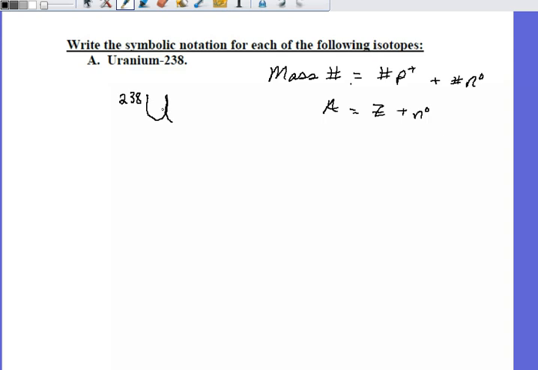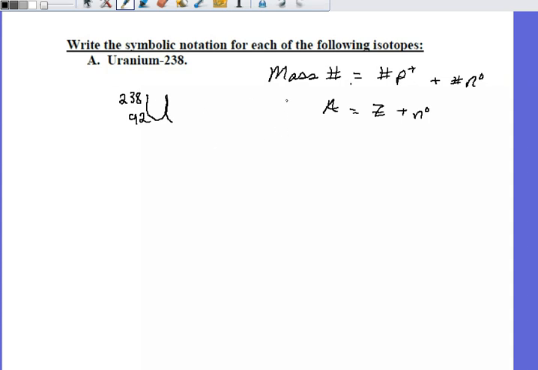So if you see this notation, you're going to call that uranium-238 also, just like you're reading it out right here. And then we can place that atomic number, 92, at the bottom as a subscript right there. And this will give us our notation for the uranium-238 isotope.